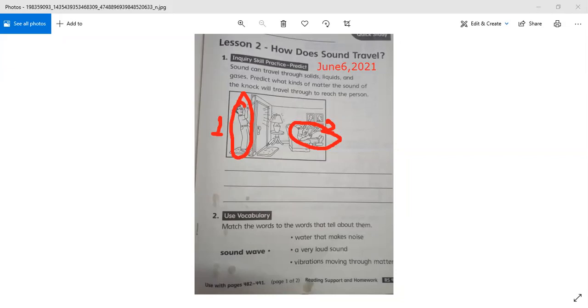First, the person will knock on the door. Is the door solid or liquid or gas? Solid. Thank you, Kinda. Let me stop here. Kinda answered the first part of this question when she said that the man is knocking on the door and the door is solid.